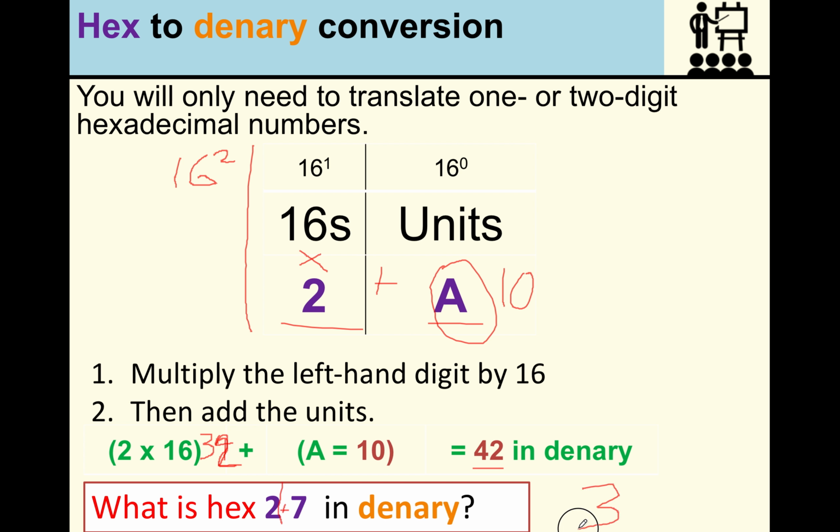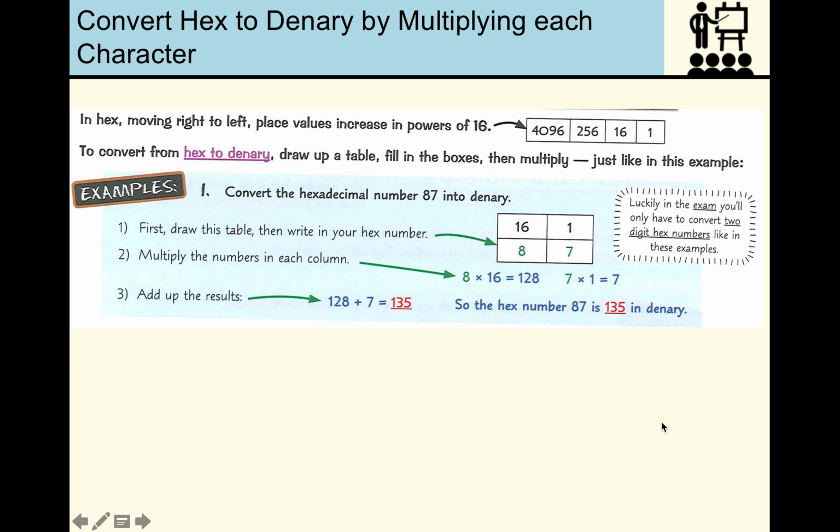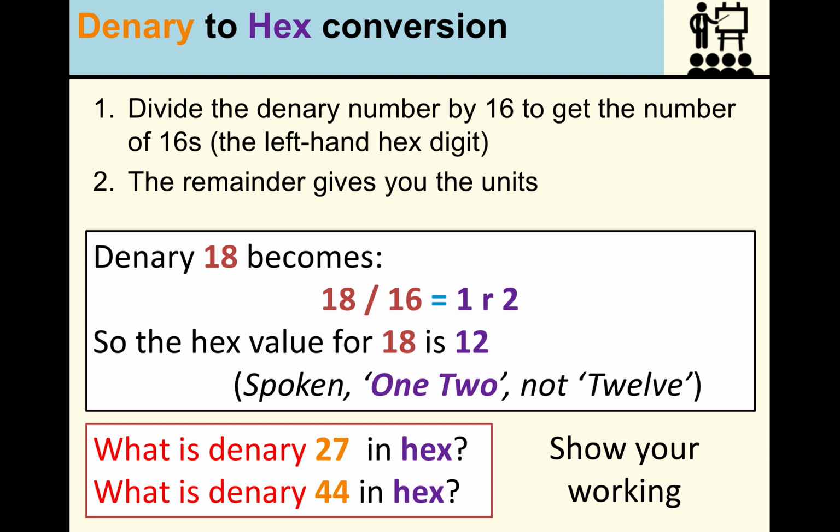It's really important that you specify that it's 39 denary, just so that no one confuses it. If you want to pause, you can take a look at this page just to re-familiarize yourself with the process.